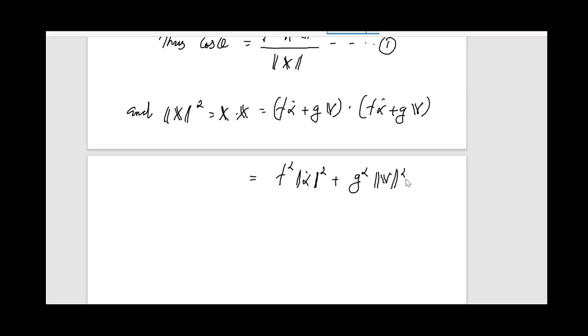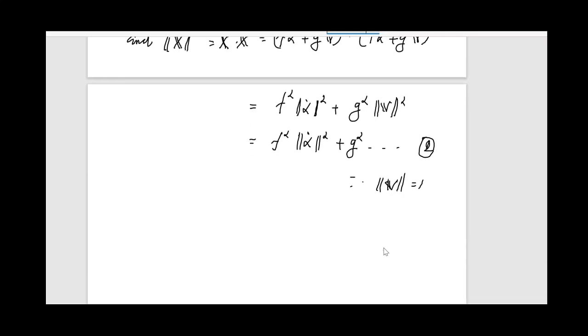Remaining terms will get cancelled. So this is equal to f square into norm of alpha dot square plus g square, since norm of v square equals 1. Call this equation 2.